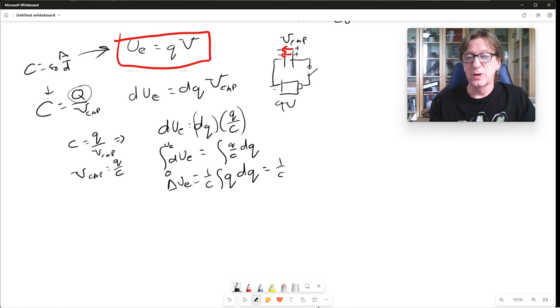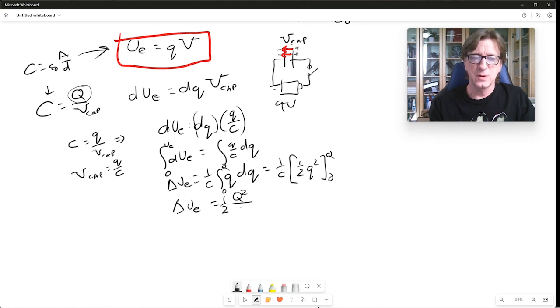Now, you should also be able to integrate Q dQ. So that's going to be 1 over C times, and this is going to go from 0 to the total charge. So that's going to be 1 over C times 1/2 Q squared from 0 to my total charge. Let's write that out a little bit separately. So that's going to give me 1/2 Q squared over C, just like that.